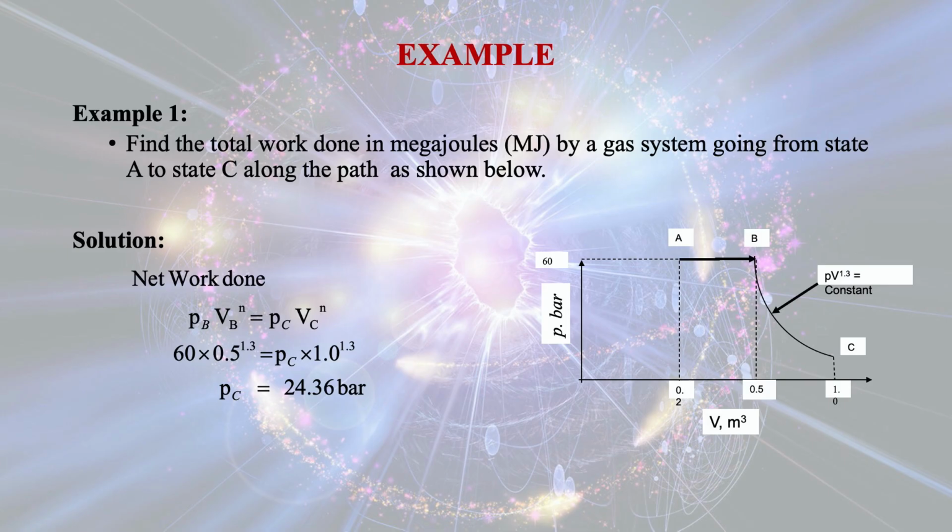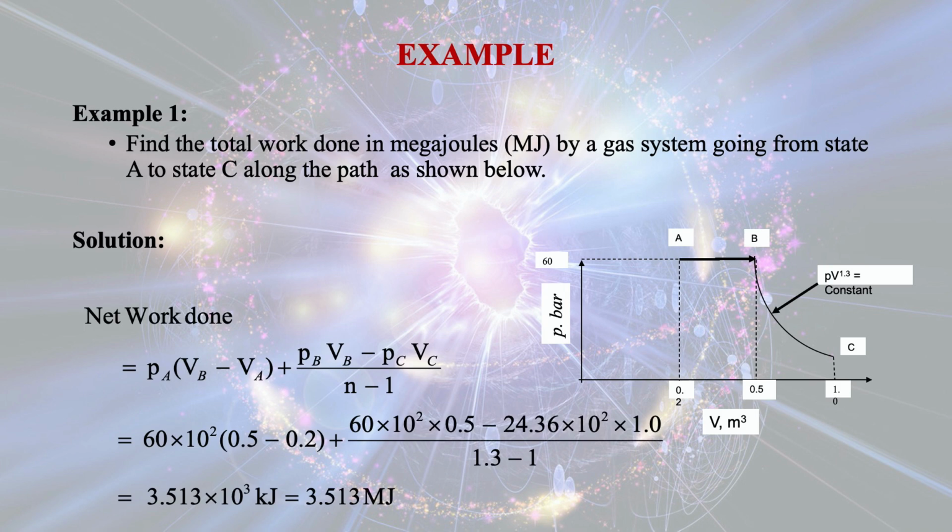Now you see PB is 60 bar, VB is given as 0.5 meter cube, VC is given as 1 meter cube, only PC is unknown, so we can calculate PC, that comes out to be 24.36 bar.